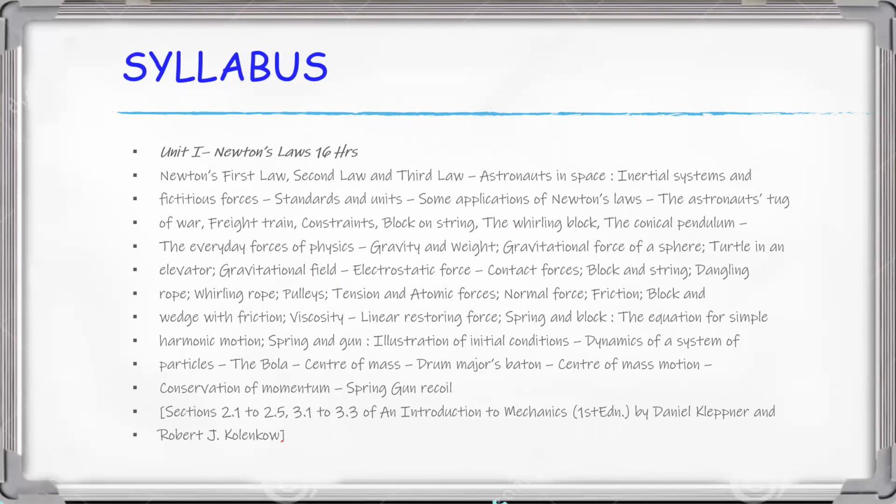There is some difference in the topics for our core course.